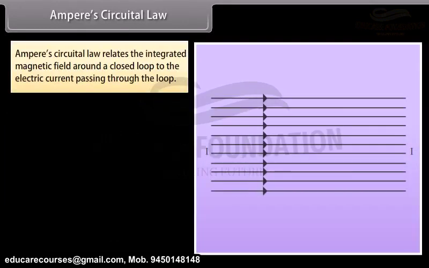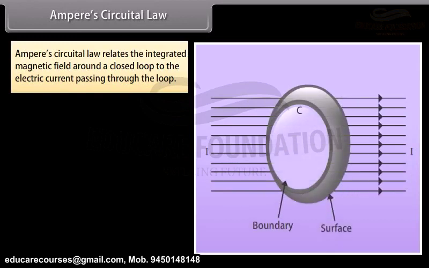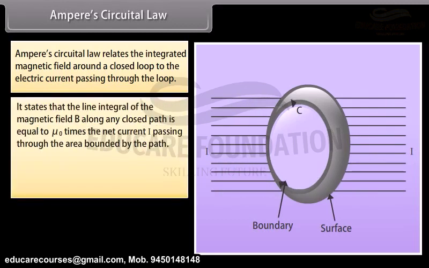Ampere's circuital law. Ampere's circuital law relates the integrated magnetic field around a closed loop to the electric current passing through the loop. It states that the line integral of the magnetic field B along any closed path is equal to mu naught times the net current I passing through the area bounded by the path.